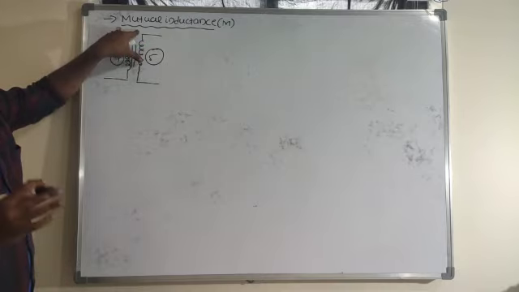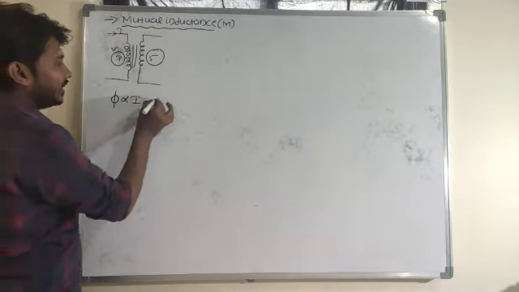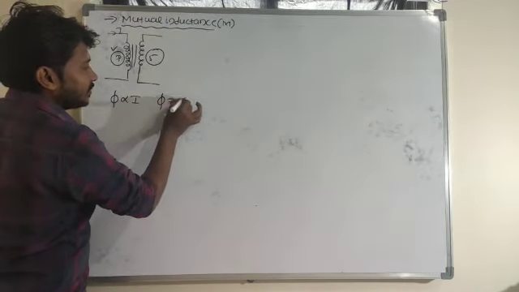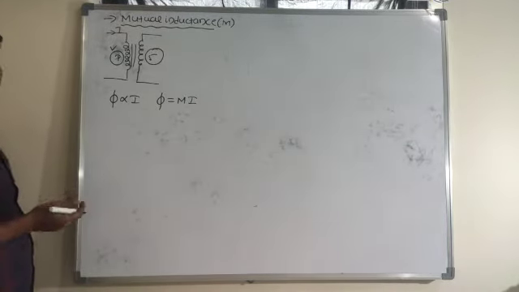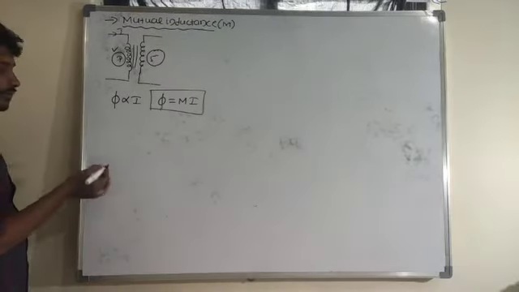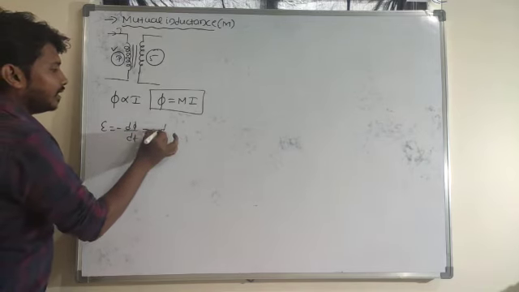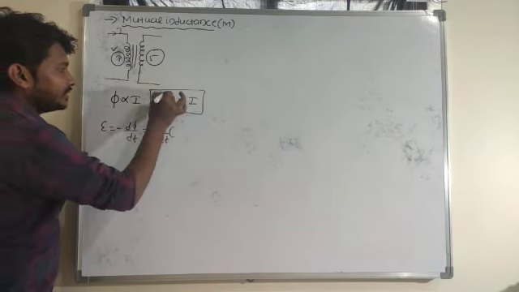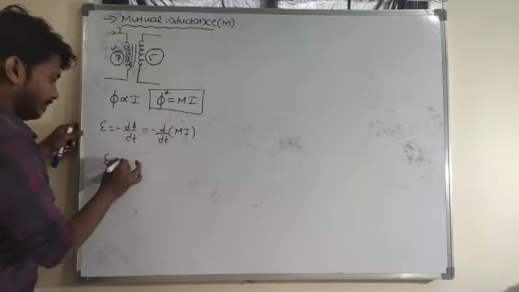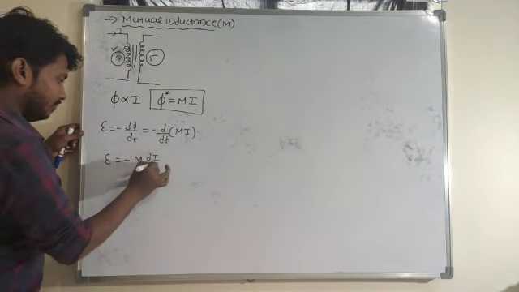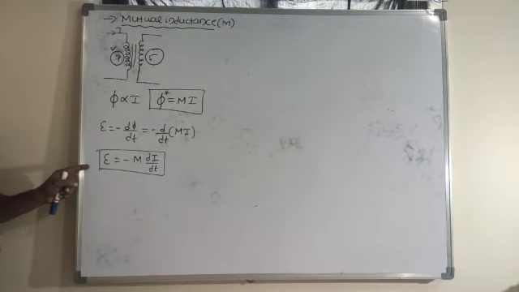In mutual inductance, again phi is proportional to I. Removing the proportionality sign, the proportionality constant is M, so phi is equal to M into I. Again from Faraday's law, E is equal to minus d phi by dt, or minus d by dt of M into I. So E is equal to minus M into di by dt. So this is about mutual inductance.